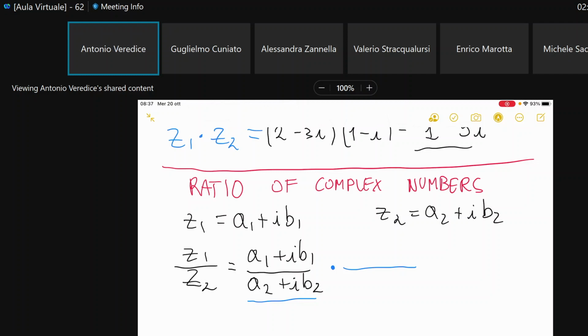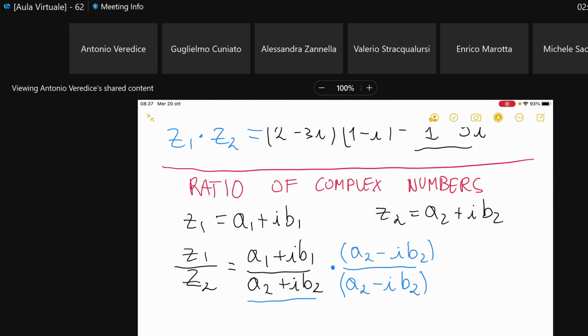We multiply both numerator and denominator times the conjugate of the denominator. So we multiply this ratio times A2 minus i B2. This is the conjugate of the denominator. We can do it if we multiply both numerator and denominator.